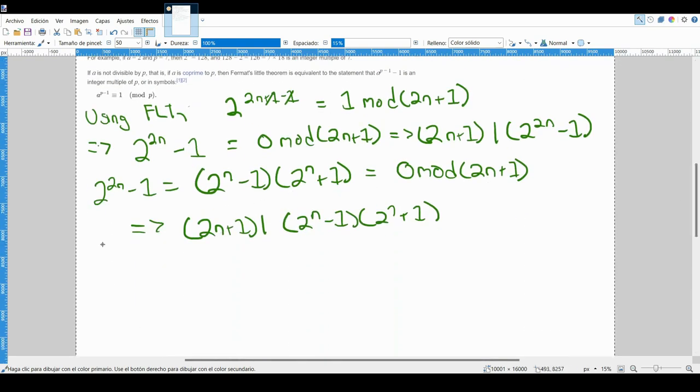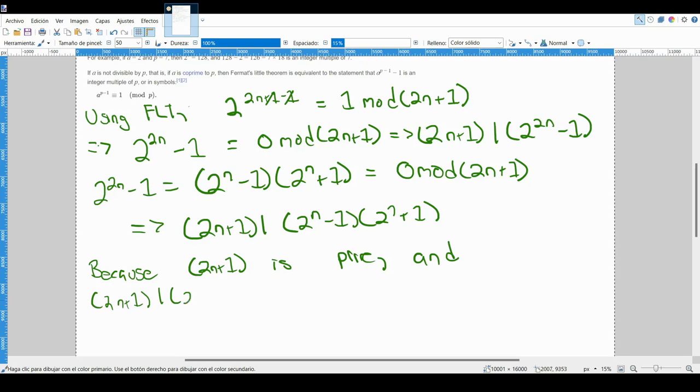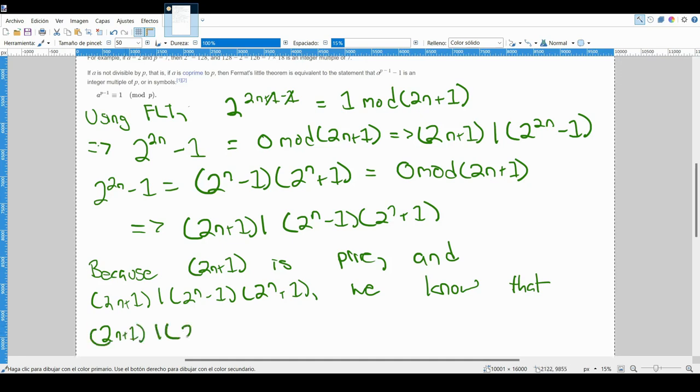So because 2^n plus 1 is prime and 2^n plus 1 divides this product here, 2^n minus 1 times 2^n plus 1, we know that 2^n plus 1 divides 2^n minus 1, or 2^n plus 1 divides 2^n plus 1. And we are done.